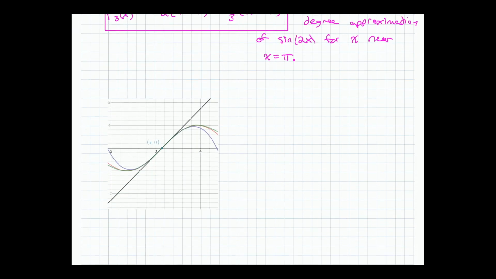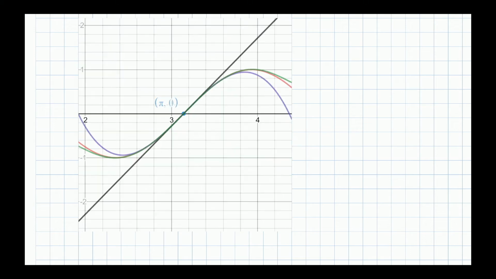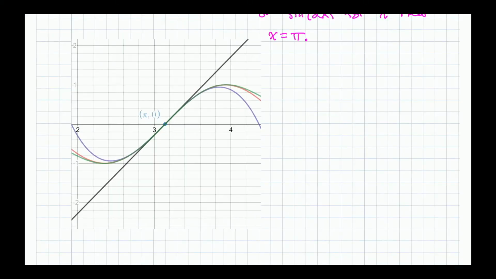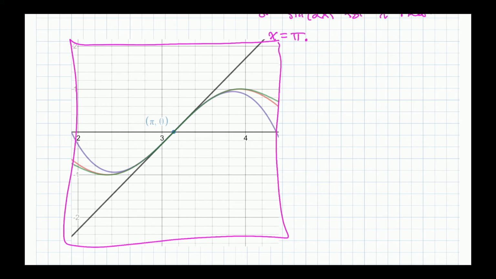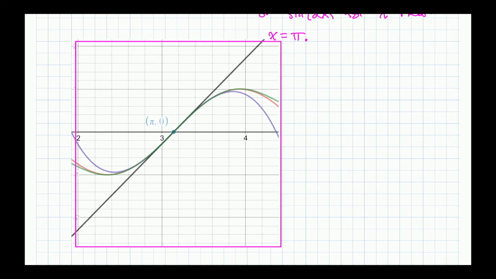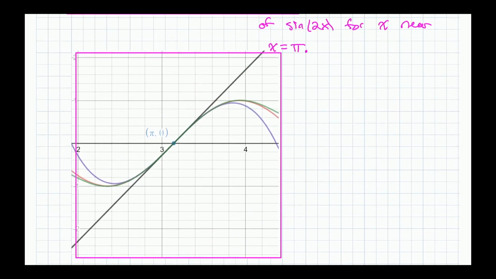All right, here it is. So let's make this a little bit bigger. Okay, so there's a good function. I need to put a box around it because it drives me crazy when it looks like this. Yeah, good enough.